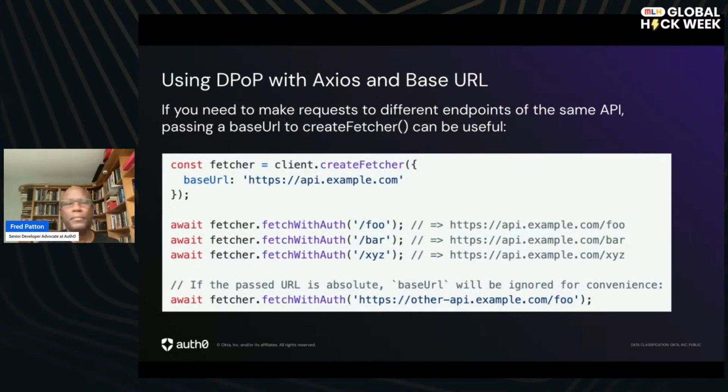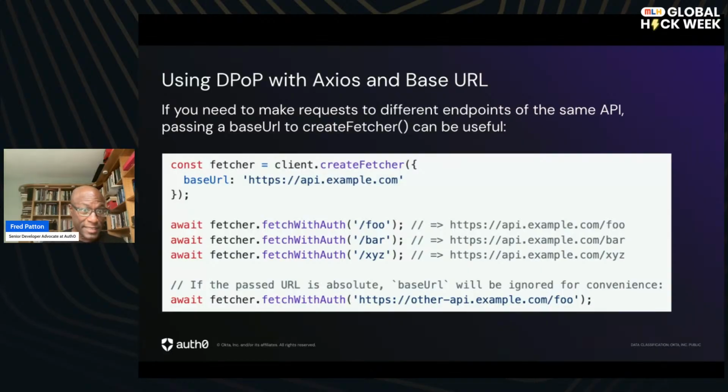And we can also use it, maybe we have multiple APIs, and so we can specify different relative URLs and have a base URL, of course, for that.